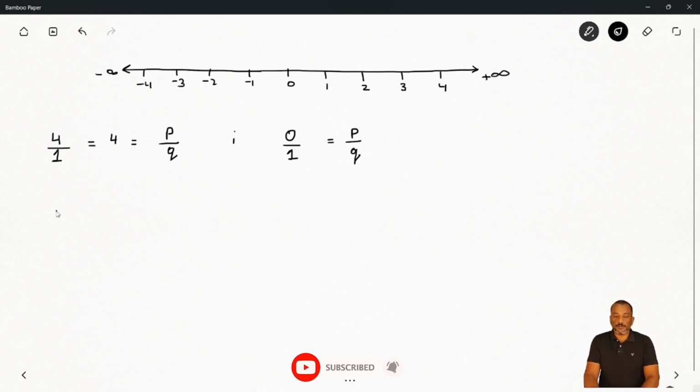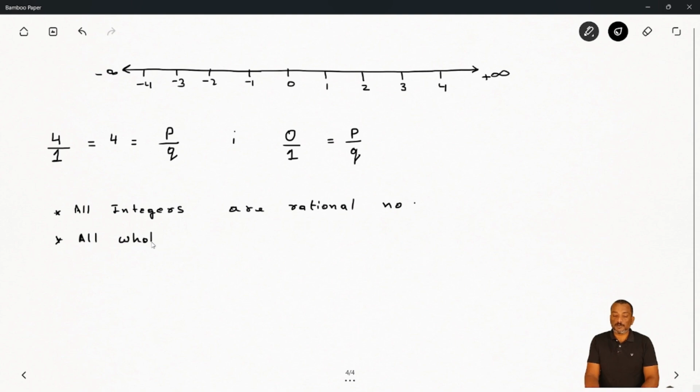So here the question I am writing: all integers are rational numbers. Same way, all whole numbers and natural numbers are rational numbers.